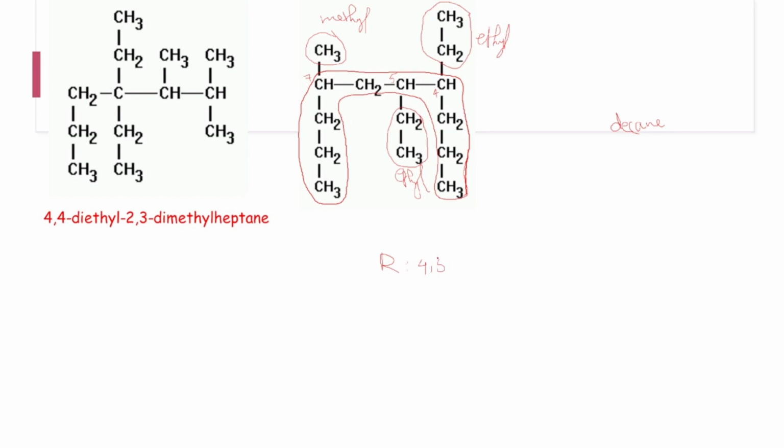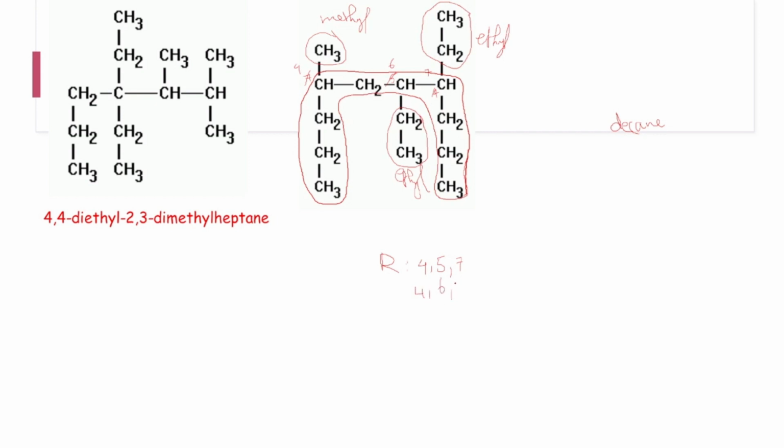4, 5, 7. But if I start from the left-hand side, let's see what numbers the substitutions will have. 1, 2, 3, 4. So this one will be 4 if I start from the left-hand side, and then 5 and 6. This one is going to be 6, and this one is going to be 7. So I'm going to have 4, 6, 7.